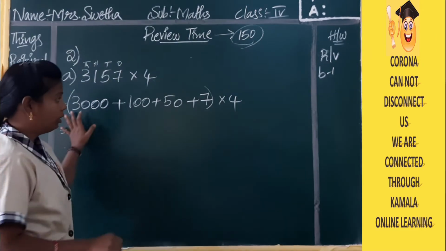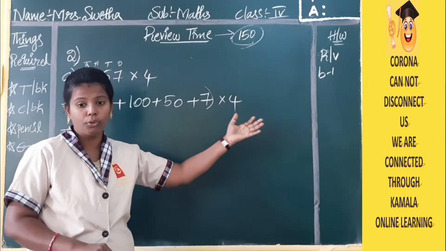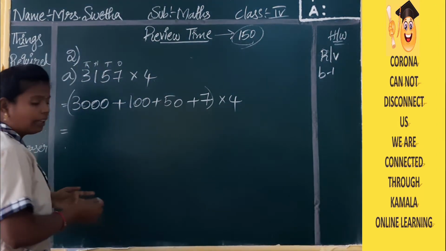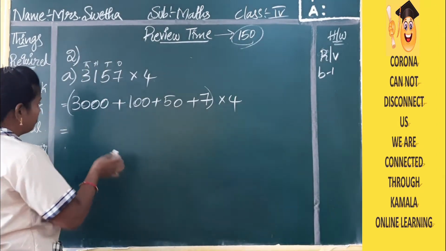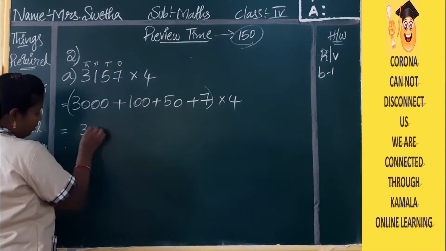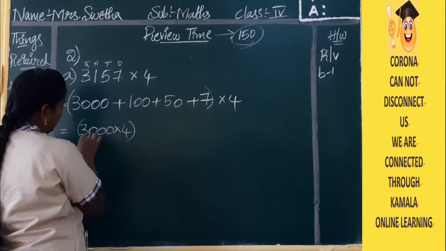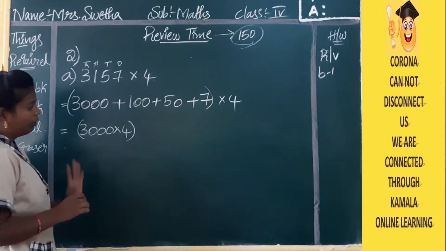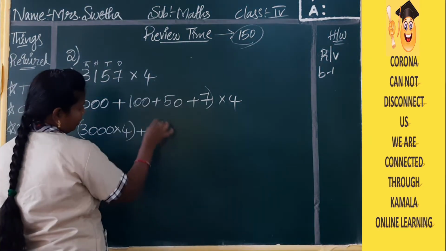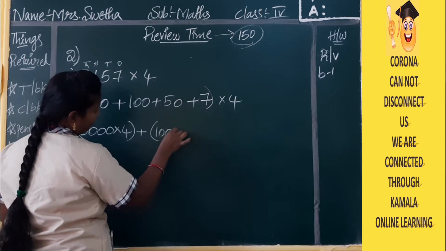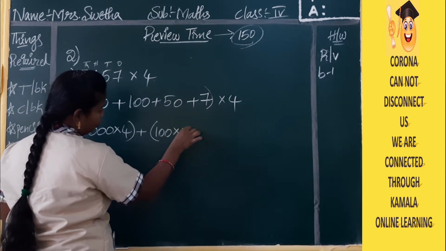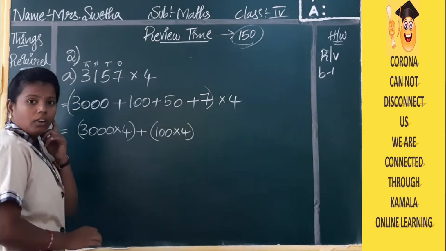Now all these numbers you have to multiply with 4. Now we will take them individually so that our multiplication will become easy. Okay. 3000 into 4, with 4 only you have to multiply all the numbers. So 3000 into 4 plus 100 into 4. Okay.